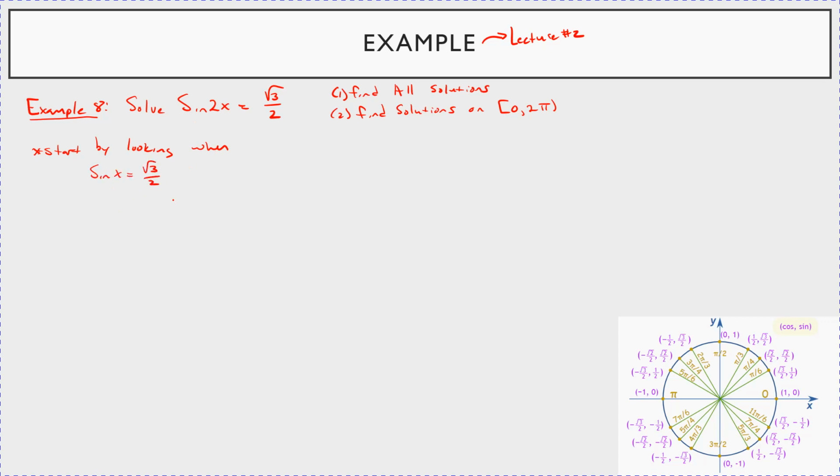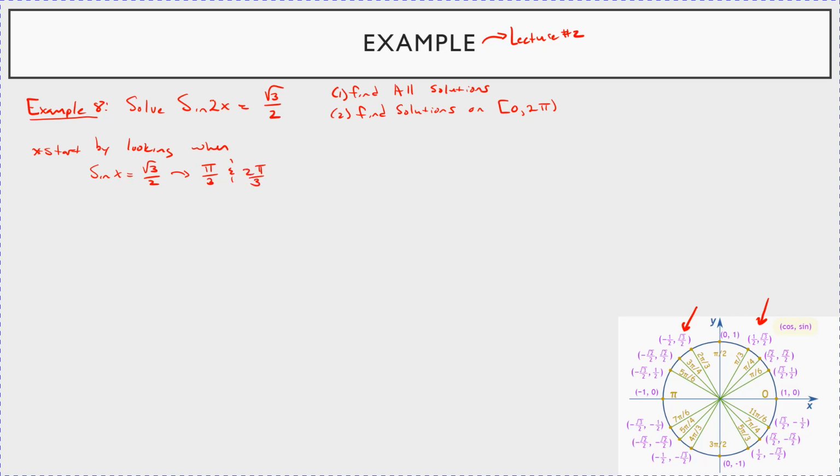Let's look. That's pi over 3 and 2 pi over 3. That's just when x is.